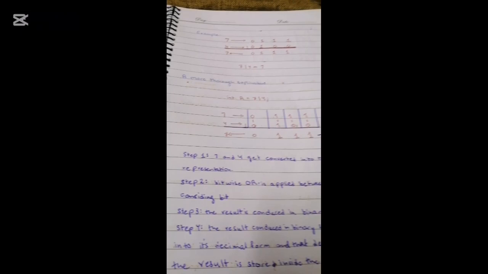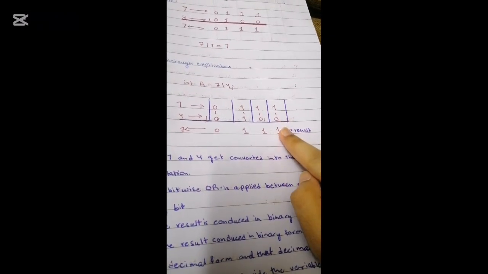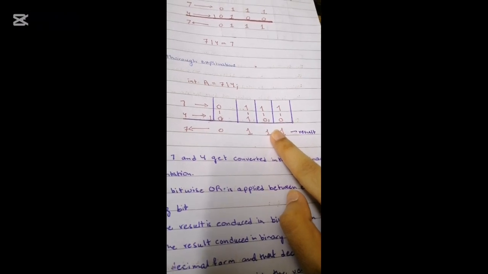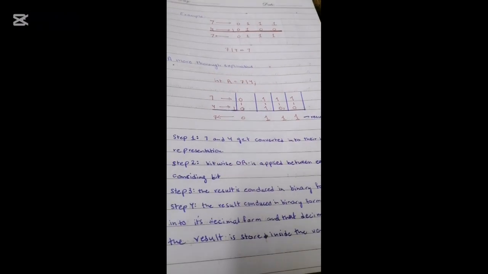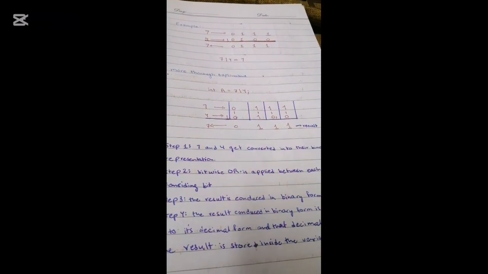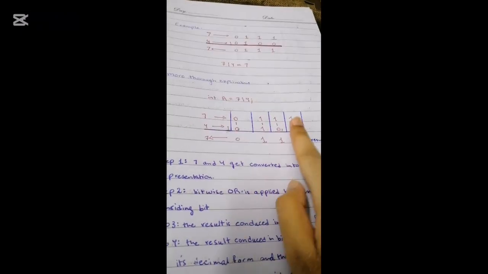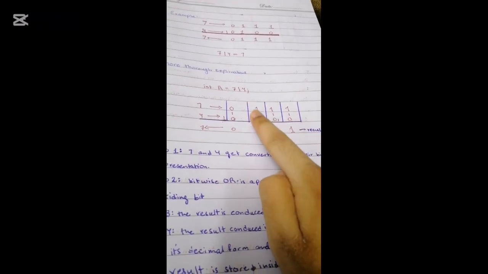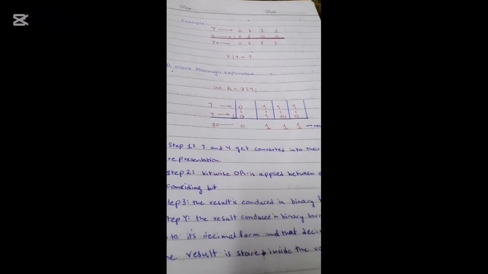Bitwise OR is applied between each individual coinciding or aligning bit. So 1 and 0 coinciding bits, 1 0 coinciding bits, 1 1 coinciding bits, and 0 0 coinciding bits. Step 3. The result is conducted in binary form, meaning that when we apply OR operation between the individual aligning bits, we will get the result in binary form.